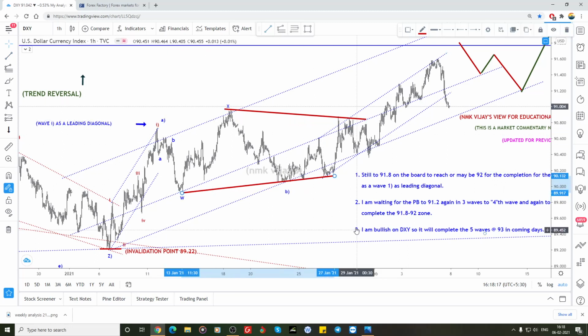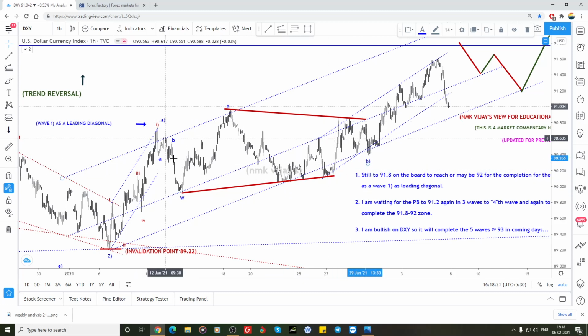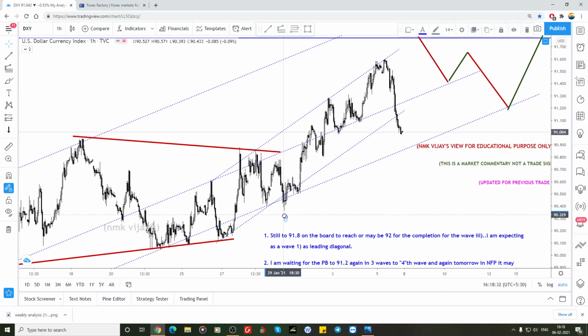See, now this is A, so we need to simply change this to a B. So A, B, C, D and E. Now we have to remove this W and X. So from here, this is the B, right?